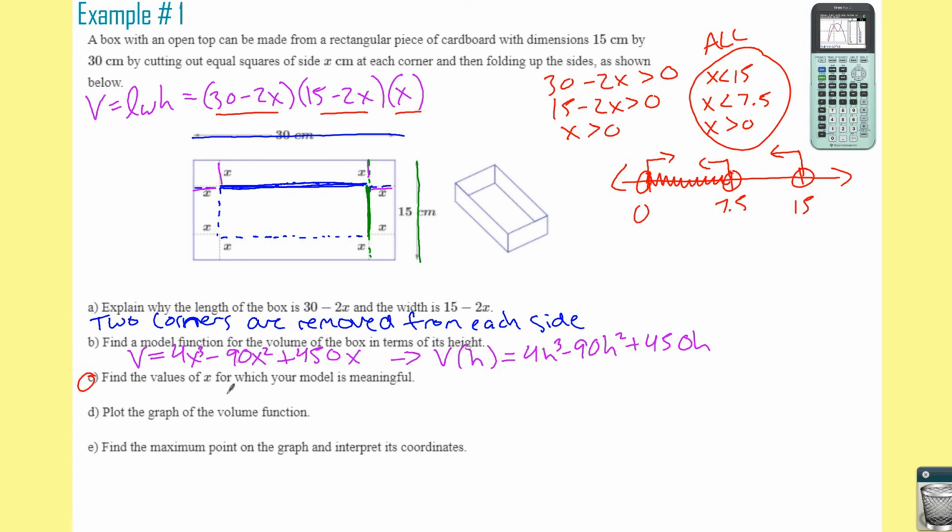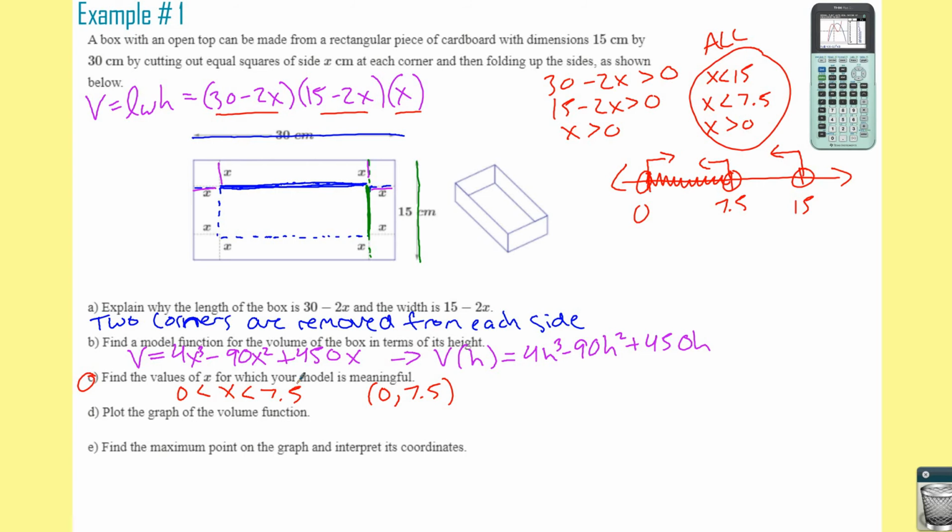Your useful answer would be that x has to be between 0 and 7.5. You can write it as an inequality or as an interval. That's fine by me. If you write it as an interval, you put parentheses, 0, 7.5. No, that's not a point. Those are the values. It's an interval. Okay, I'm fine with that.